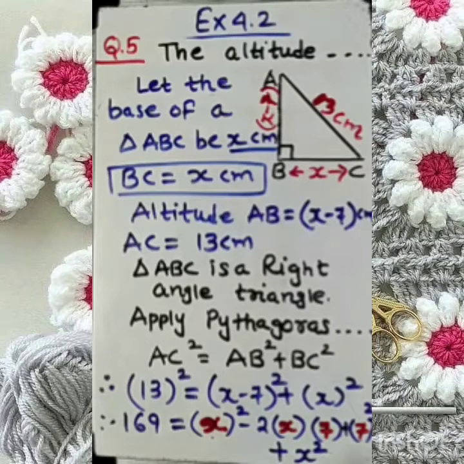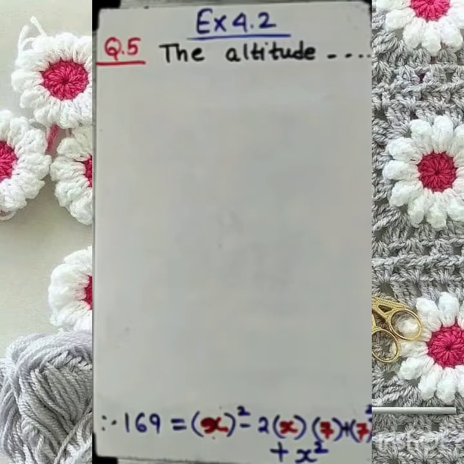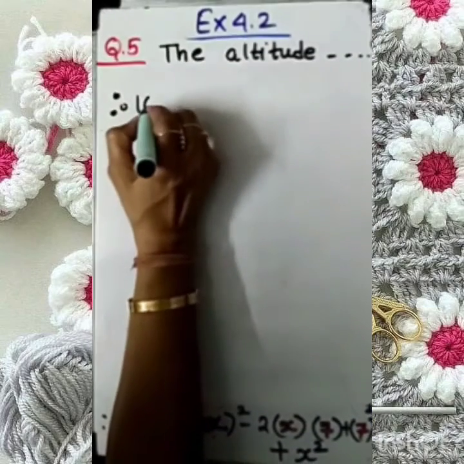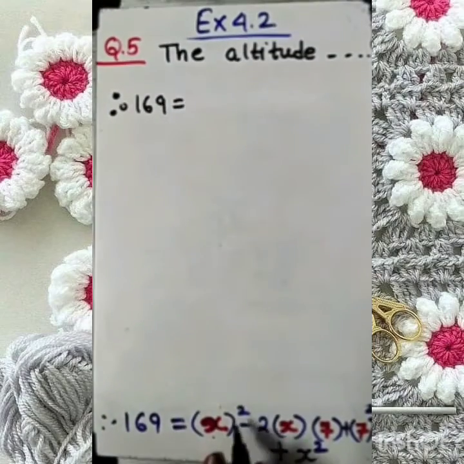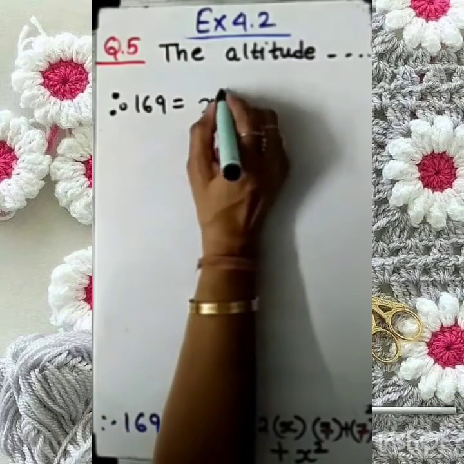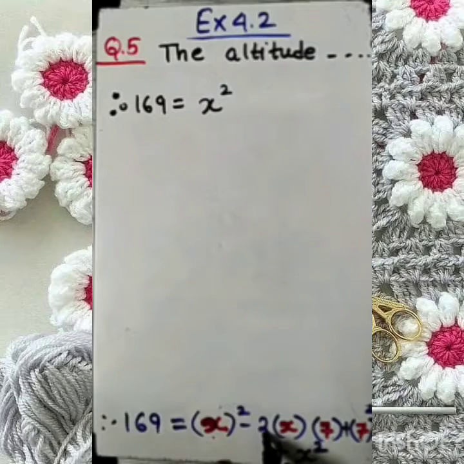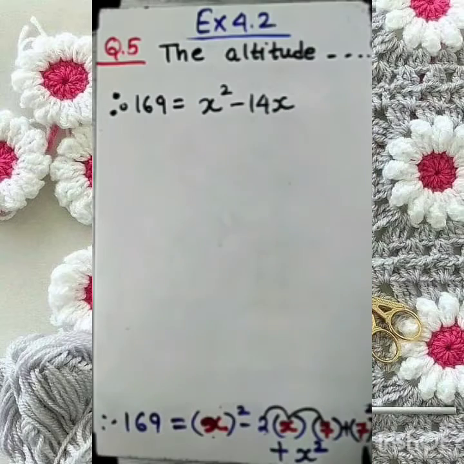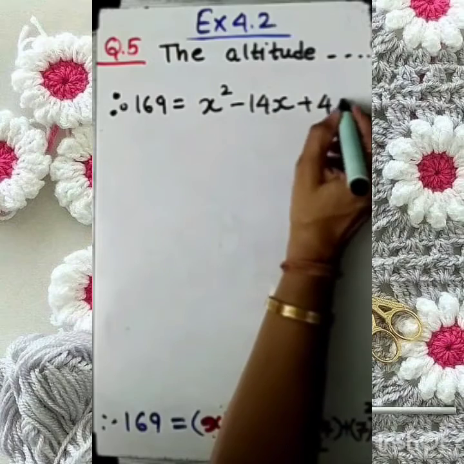Now let's simplify this. 169 is already here. x square minus 2 into 7, that is 14 into x. Let's multiply this term, so it will be minus 14x plus 7 square. 7 square is 7 into 7, that is 49.